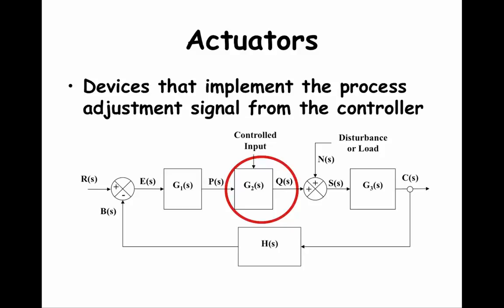So PS tells the flow valve how far to open, or it might tell the relay how long to keep the electric heater on to heat the fluid. So be sure to note that there's commonly a units change between PS and QS, because the units associated with QS depends on the controlled input.